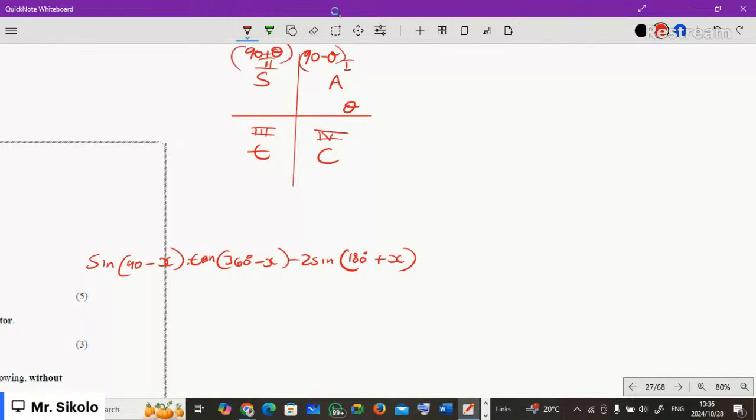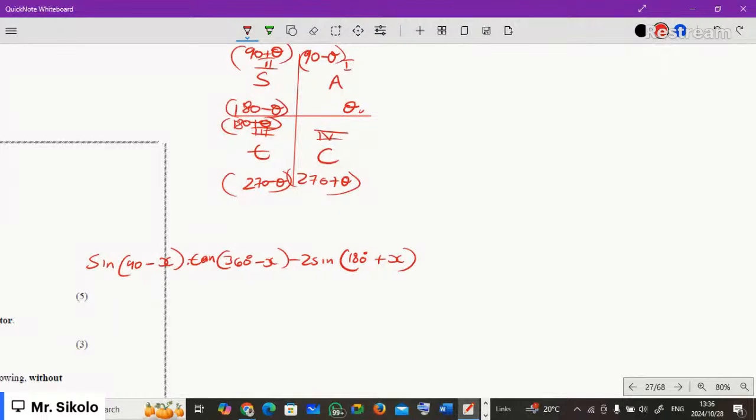In order for it to fall on the third quadrant, it has to be 180 plus theta. Sorry, so again, you know this is 270 minus, and it's 270 plus. Then here, remember, we started with theta.